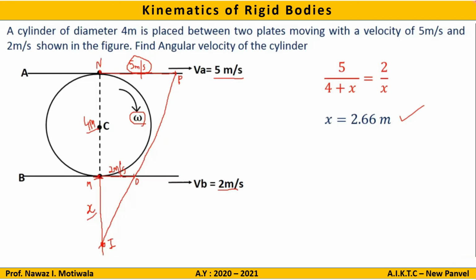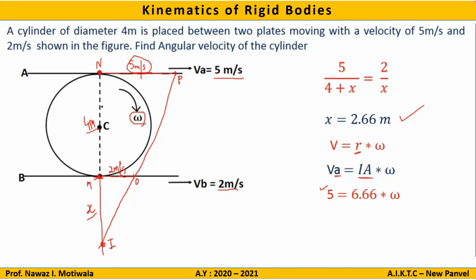Now to find the angular velocity of the cylinder, we have the simple relation V is equal to R omega. Let us consider point A. If I take point A, I have to take the distance of ICR to point A only. So I will write IA multiplied by omega. VA is already known to me, 5 meter per second, equals 6.66 times omega. How did I get this value?